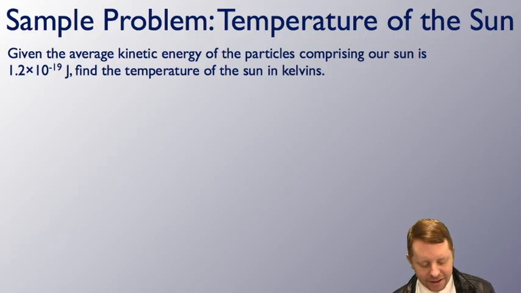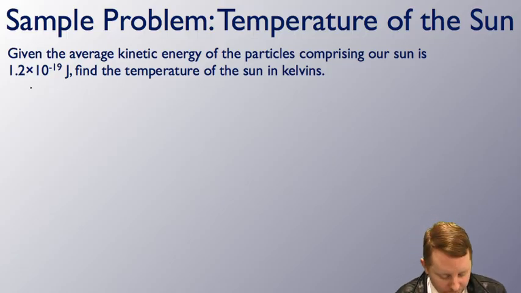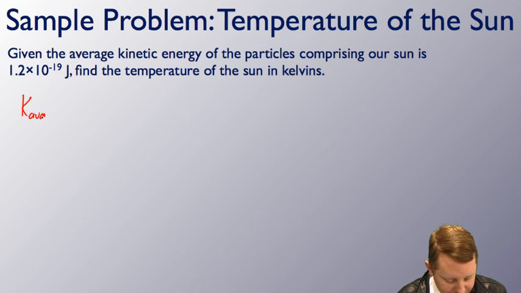How about, given the average kinetic energy of the particles comprising our sun is 1.2 times 10 to the minus 19 joules, find the temperature of the sun in kelvins. Well, average kinetic energy is 3/2 kBT.